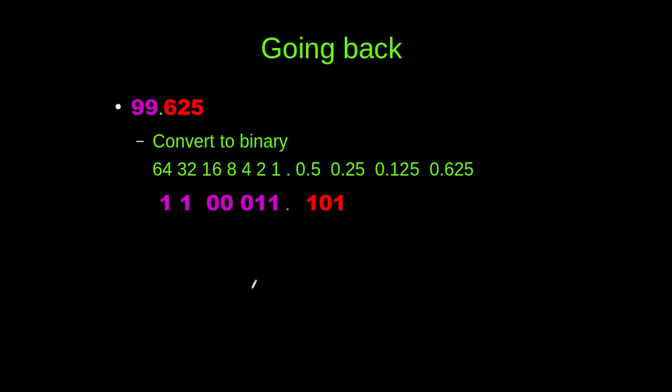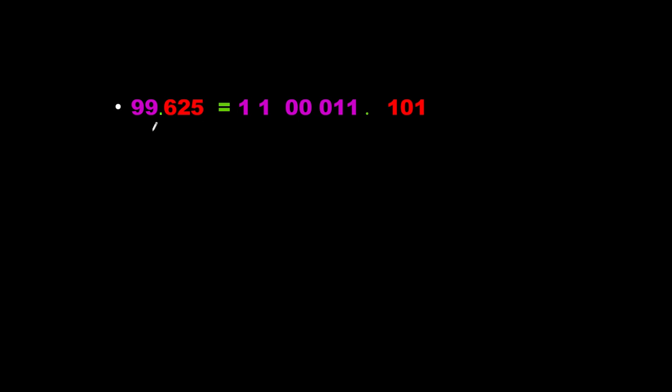Going back to our example, we converted it. Here's my binary 99, and here's my fraction part. Now are we done? Can we represent it in, let's say, a 32-bit model? No. Let's see what. 99.625 equals this.